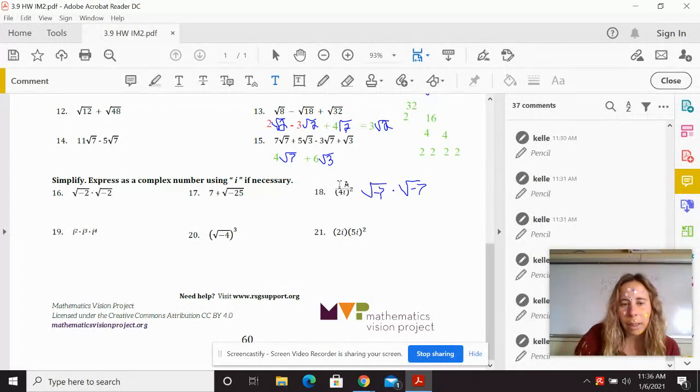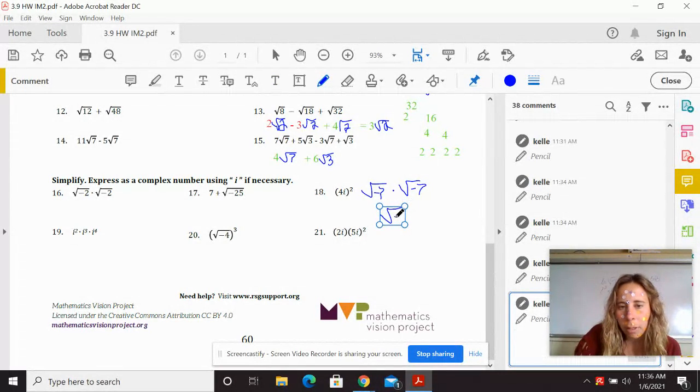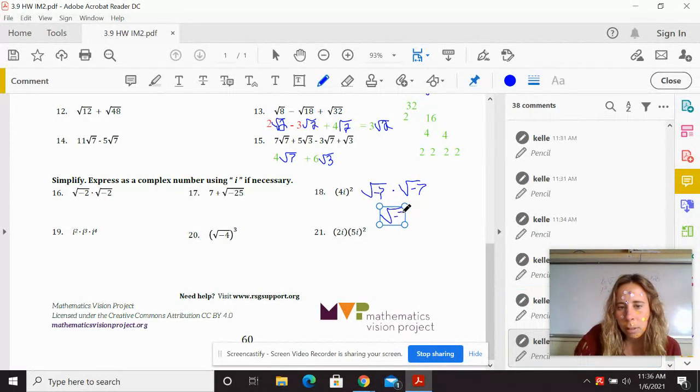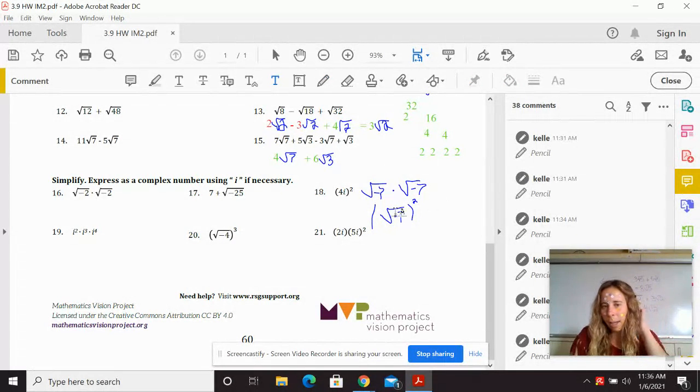another way to write that is the square root of -7 in parentheses squared. Another way to write that is the square root of -7 squared.